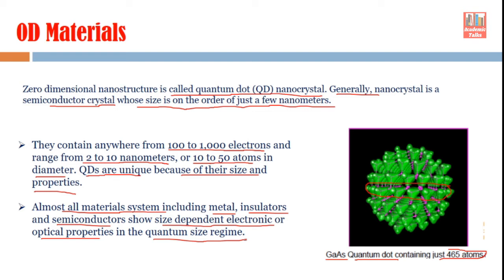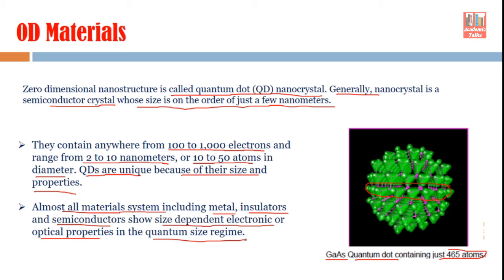You have seen in the previous lecture also that when the size of this confined region changes, its band gap changes. That is one property which is size dependent, and the band gap decides many optical and electronic properties of a semiconductor material.